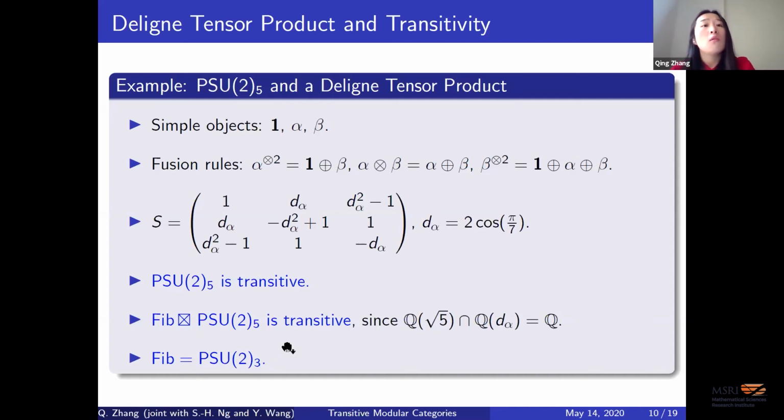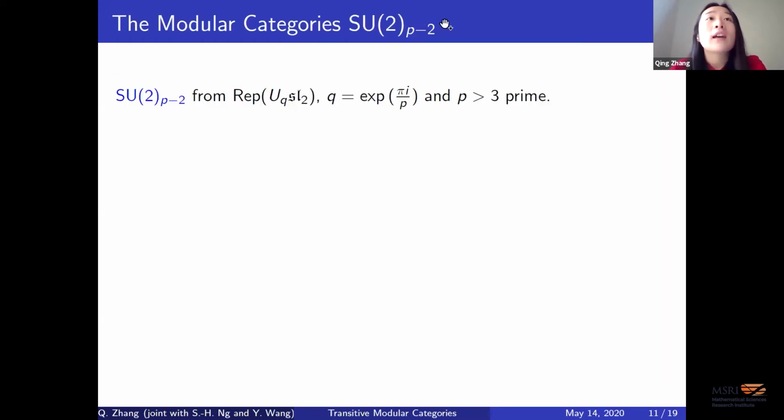So it is worth taking a look at the general case, which is PSU2 level P-2, a subcategory of the modular category SU2 level P-2. So let's first look at the big modular category, which comes from the representation of U_q sl2, where q is a root of unity of order 2P, while P is a prime.